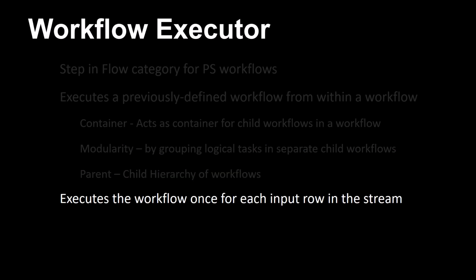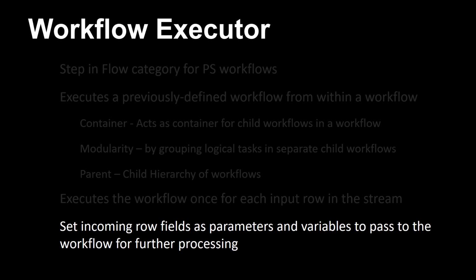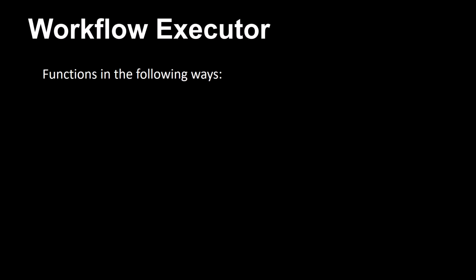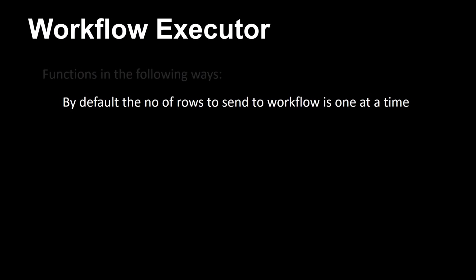The Workflow Executor step executes the workflow once for each input row in the stream. You can set incoming row fields as parameters and variables in the Workflow Executor step to pass to the child workflow for further processing. The Workflow Executor step functions in the following ways. By default, the number of rows to send to the child workflow is one at a time.